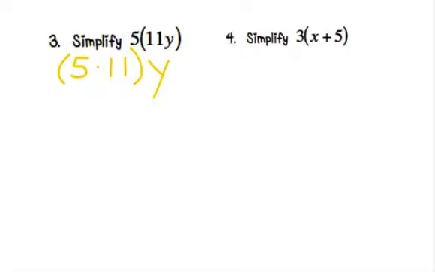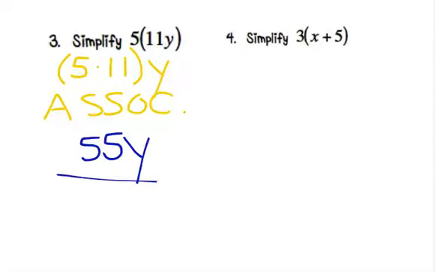Now, when you move the parentheses, that is the associative property. And by doing that, now we are able to simplify, because the numbers in the parentheses, 5 times 11, are 55. So we have 55y as our simplified answer.